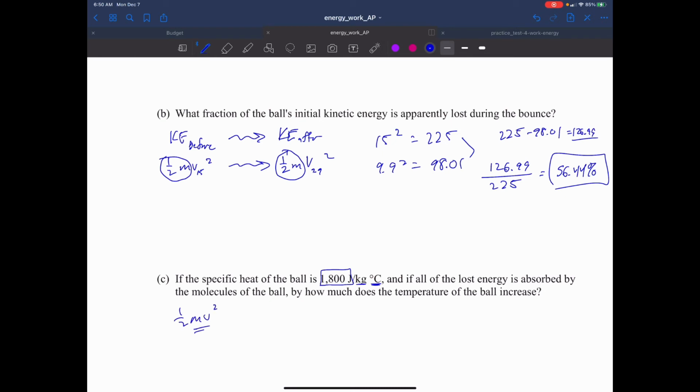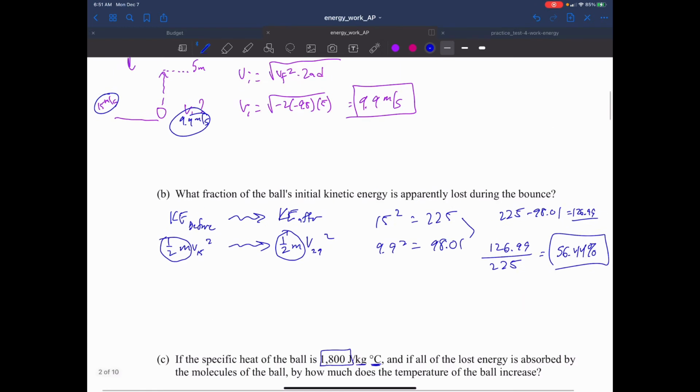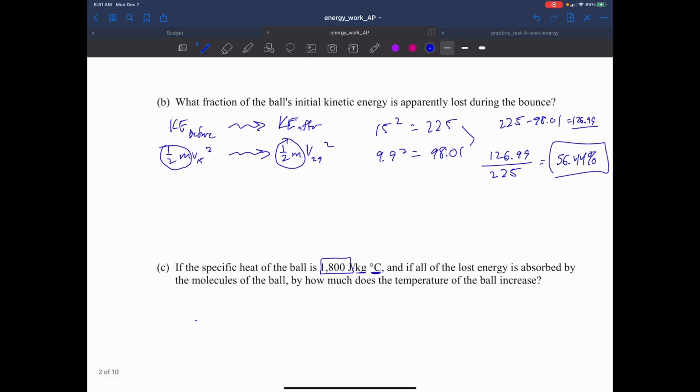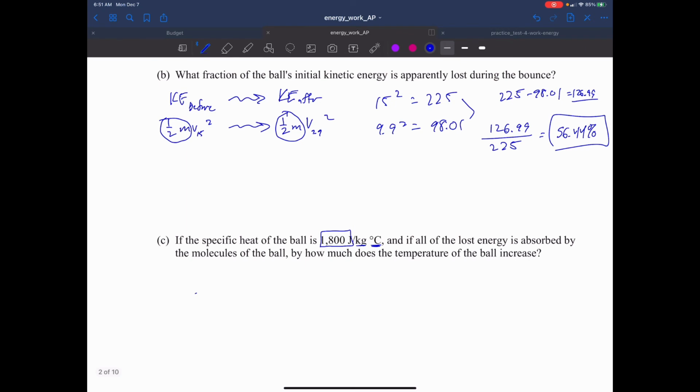But the way we want to think about this question is there's no mass given, so there must be no mass needed. We'll assume that the AP tests are written correctly, which is something I'm going to dispel on a later question because I have a typo that's significant. Anyways, the specific heat of the ball is 1,800 joules per kilogram degree Celsius.